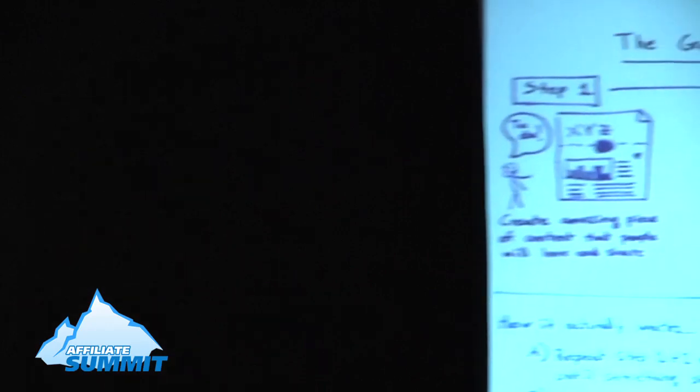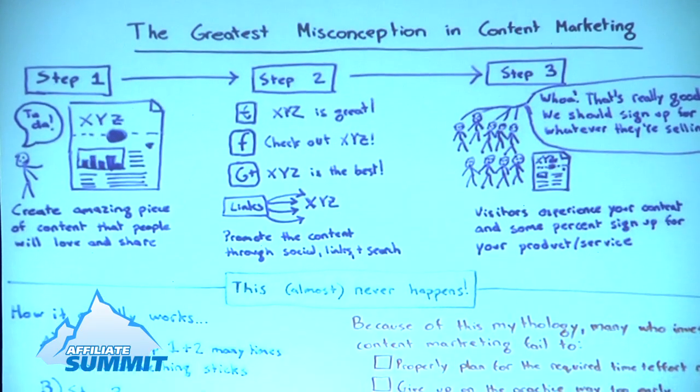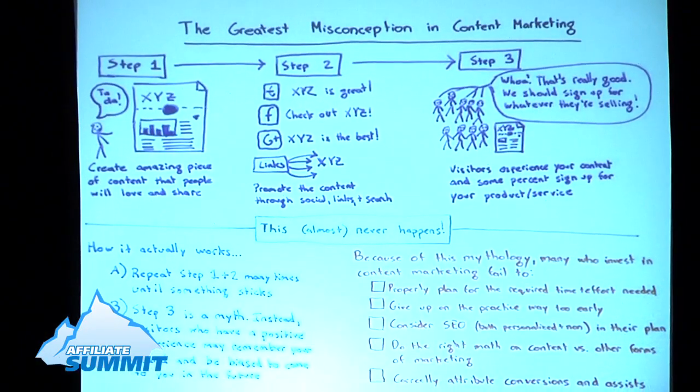I don't know if you can see this very well, but this came from a whiteboard talk from Rand Fishkin from Moz, SEO Moz, and this is what he called the greatest misconception in content marketing.